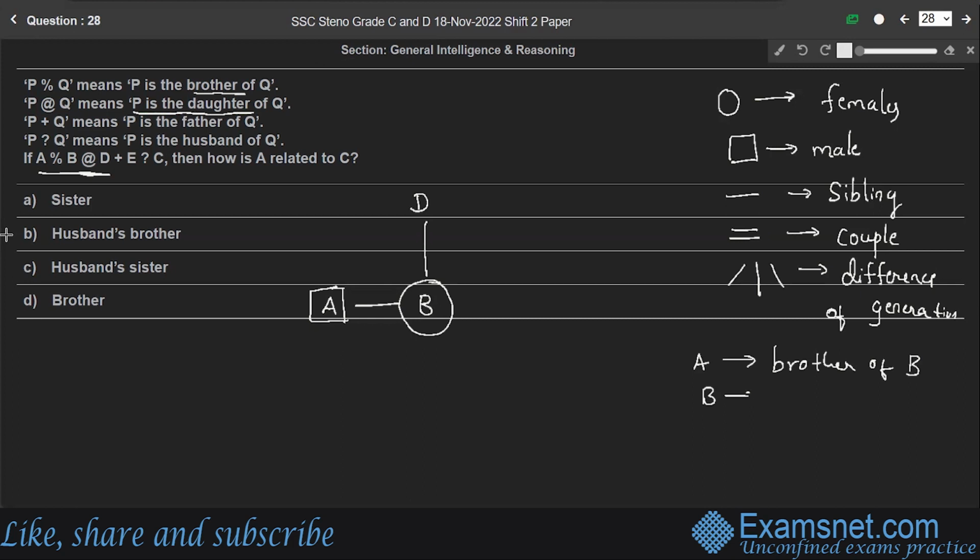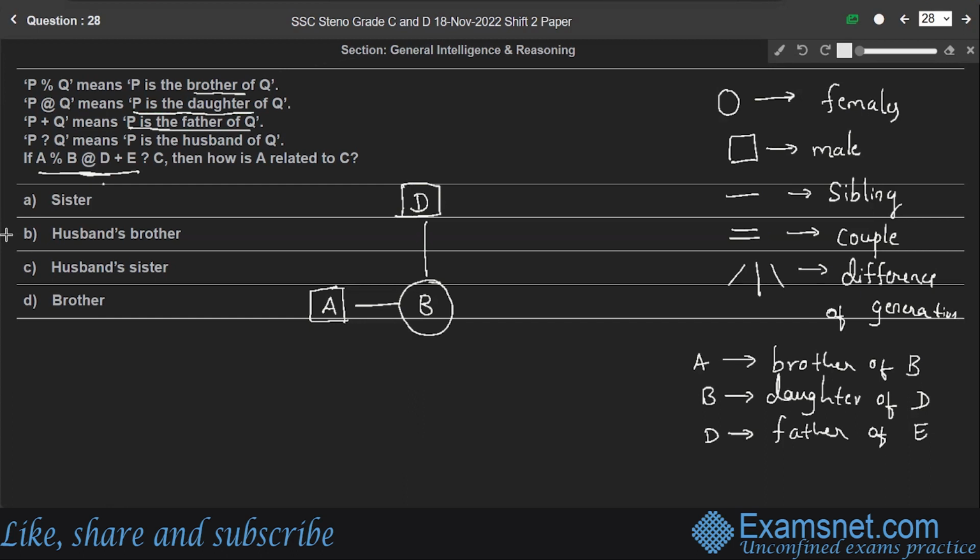So we'll consider B is the daughter of D. Moving further, D plus E. D plus E means the first person is the father of the second person. D is the father of E, right? Therefore, D is a male, who is the father of E.